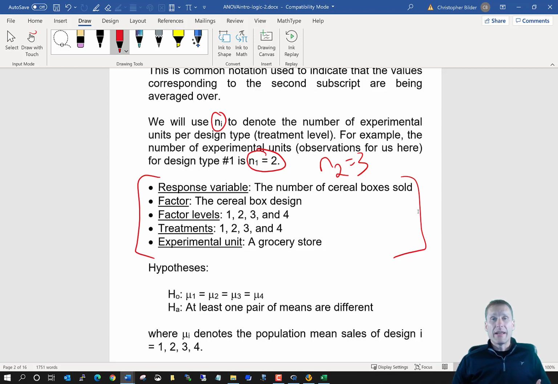Remember, our treatments will be exactly the same as factor levels, at least in our class. It's not until you get to multiple factors for a particular experiment that treatments mean something different from factor levels. And then our experimental unit is the actual grocery store. That's what we're making our measurement upon. Each grocery store, we're looking at the number of cereal boxes sold.